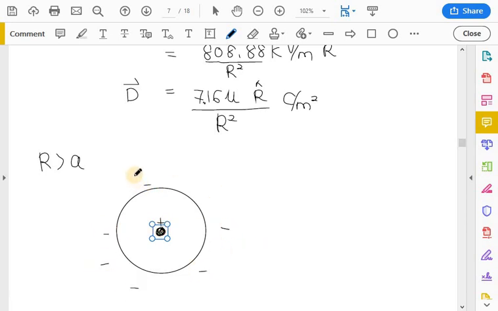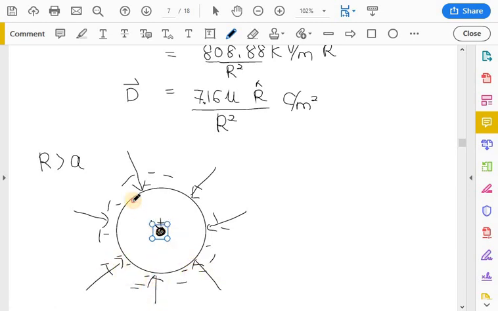Now I construct the Gaussian surface. This one is my Gaussian surface outside the sphere. This is the electric flux line that I explained before.